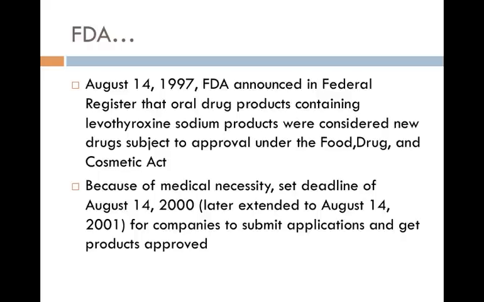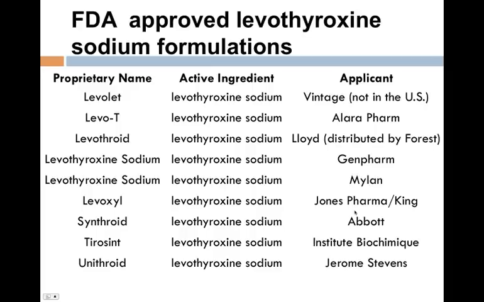So they gave the manufacturers 3 years, basically, and actually it was extended an extra year, to submit their applications to get products approved. So basically they said, okay, everybody has to go through the process at this point so that we can compare things and we have some data on bioavailability, etc. So currently these are the drugs that are approved by the FDA.